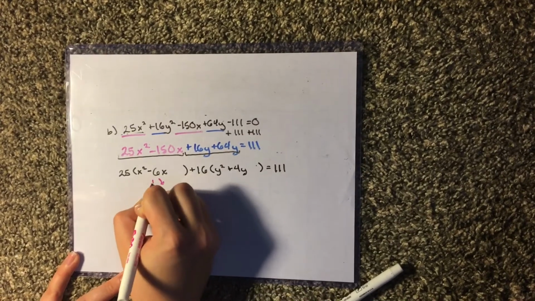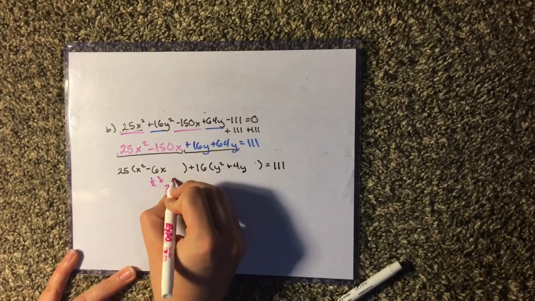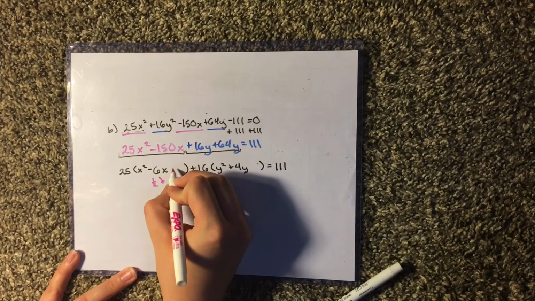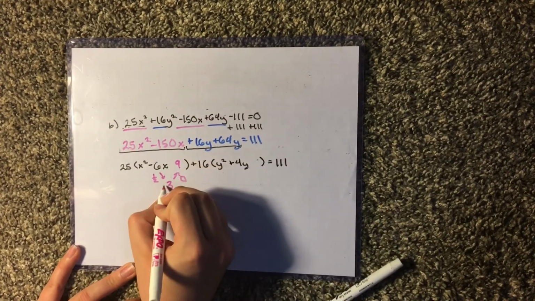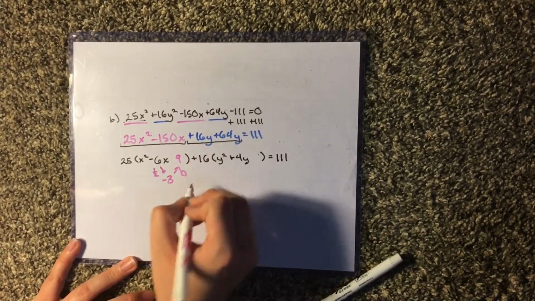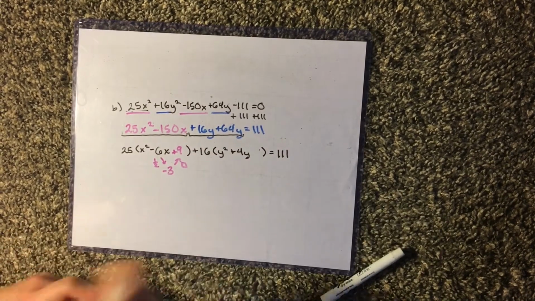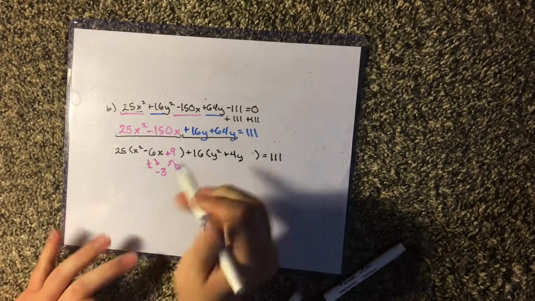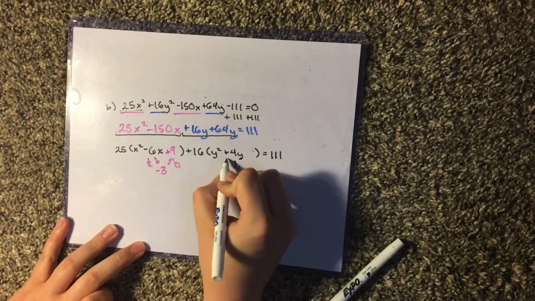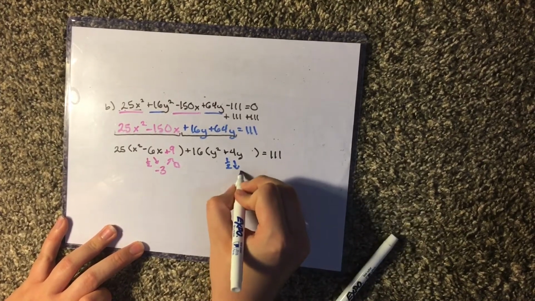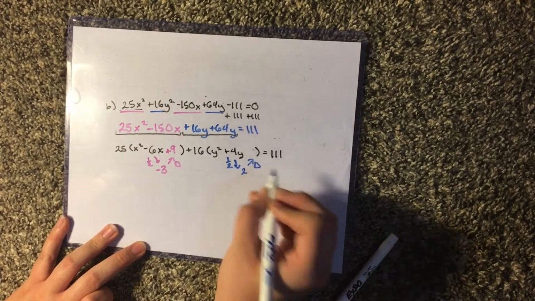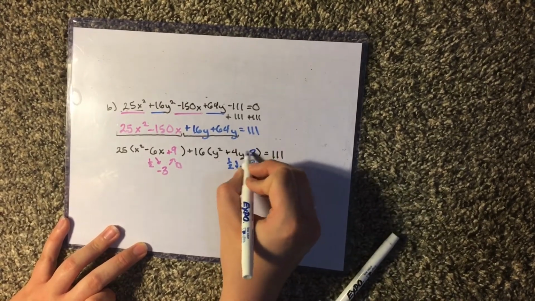So I'm going to do the half, which is 3, square it, which is 9. I've got to make sure I add the negative because this has a negative, so this is also going to have a negative. And the same goes for this one. So I'm going to do the half, 2, square, plus 2.